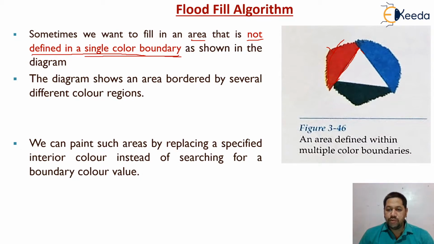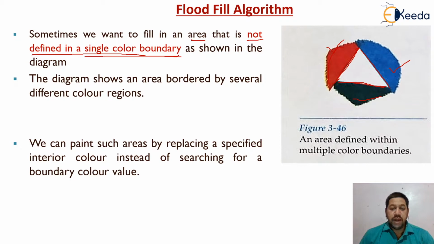This boundary of the polygon, if I consider it, has the blue color. So this is different. This particular boundary is again of a different color. I want to fill this polygon, but the different edges or boundaries of the polygon have different colors.